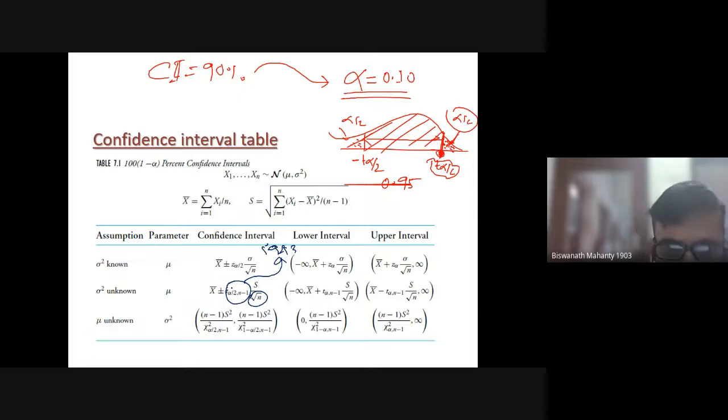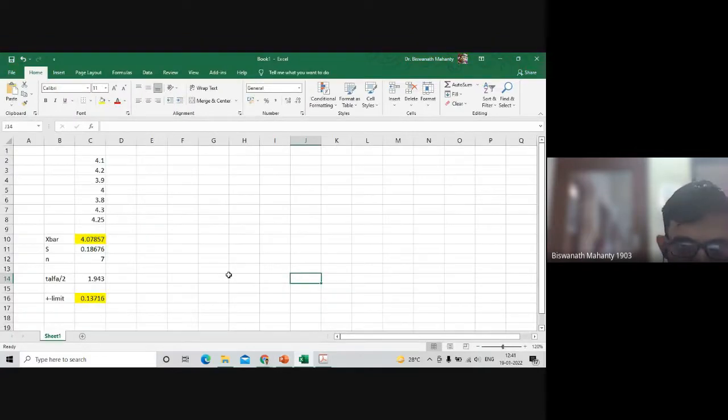So if I'm doing 1.943 into standard deviation by root n, is it a big job? No. I'm doing nothing new. You see? I'm doing average of the sample. You are not starting from scratch again. This is my sample. What is the average?